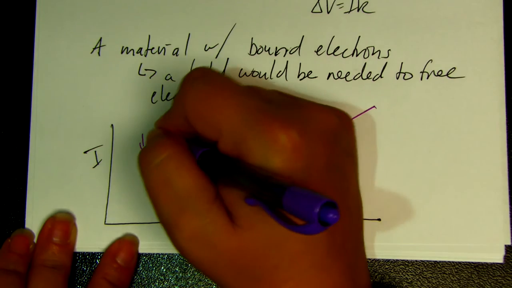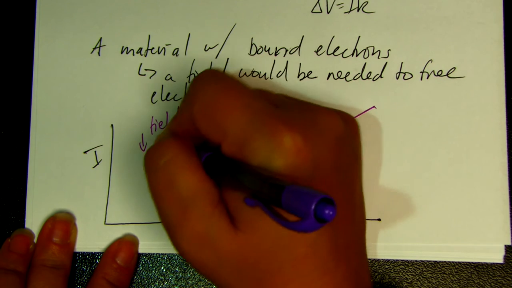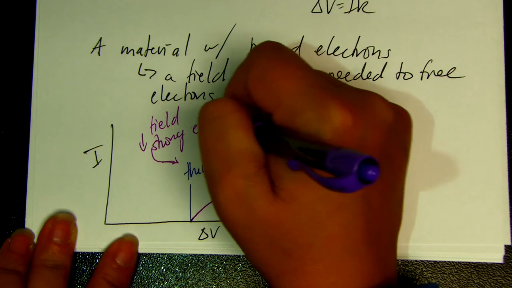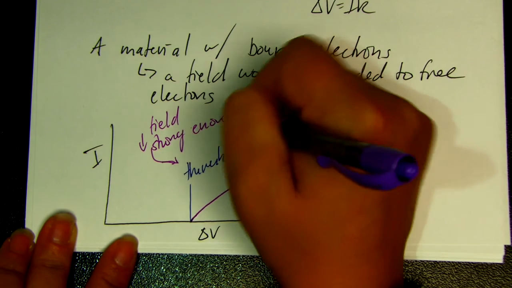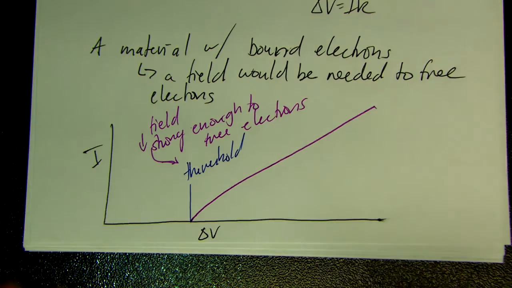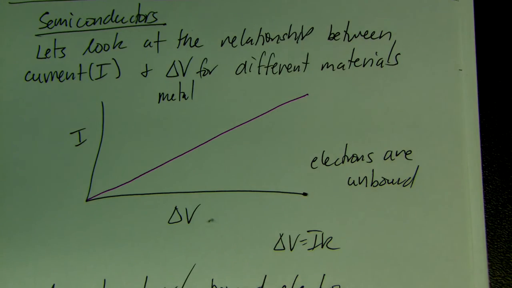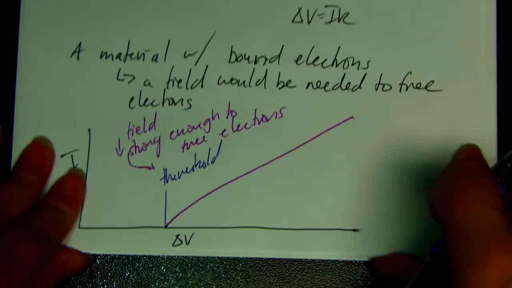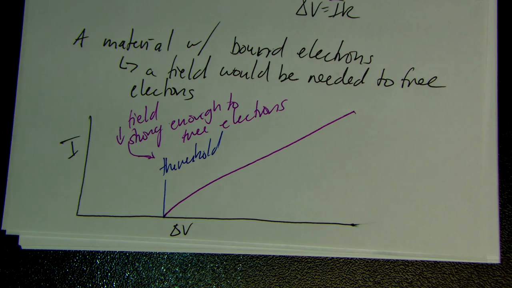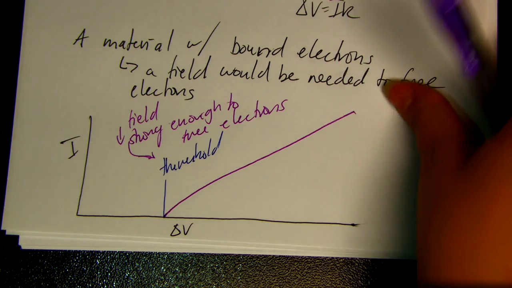So you need a field strong enough to free electrons. Unlike a metal where you basically just need a little bit of delta V, here you need to ramp and ramp and ramp it up until you get to the point where the electrons can become loosed from their atoms.